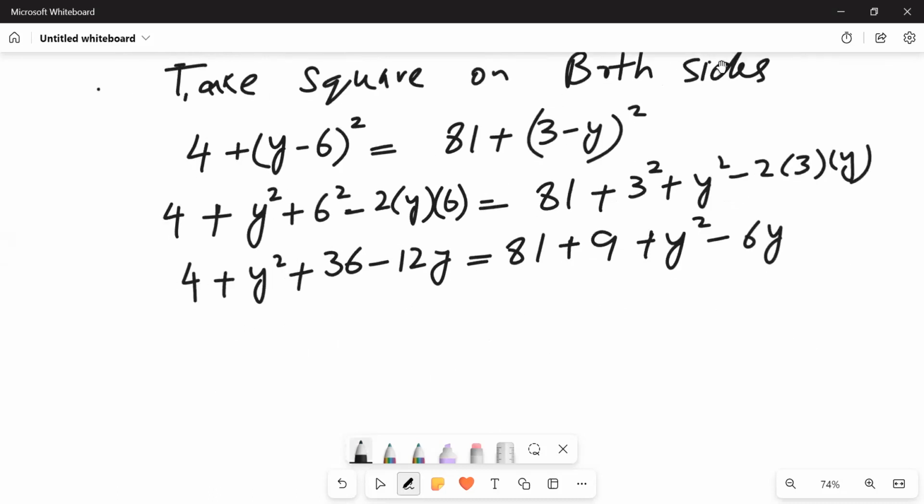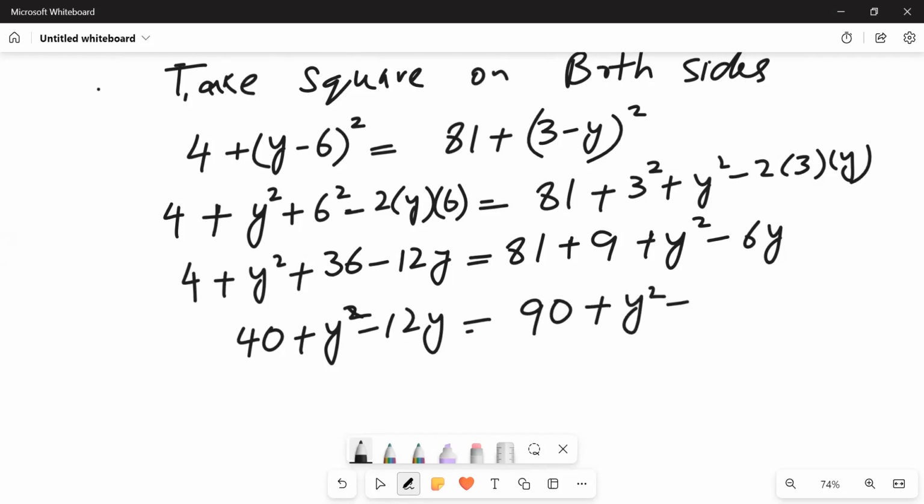Now, we always take values to one side. So 36 plus 4 is 40 plus y square minus 12y, and similarly this will be 90 plus y square minus 6y.